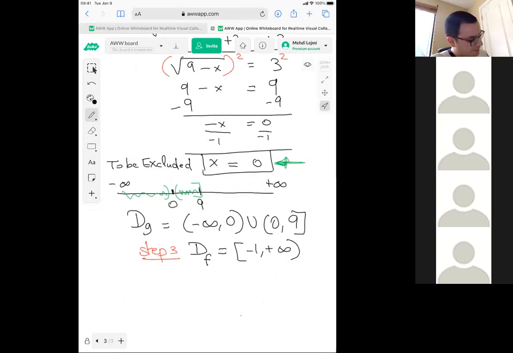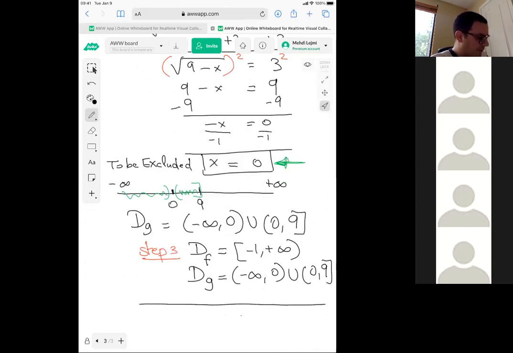And then we have the domain of G from step 2. And then, okay, so now I want to find the common domain. I'm going to need -1, I'm going to need 0 and 9, right?